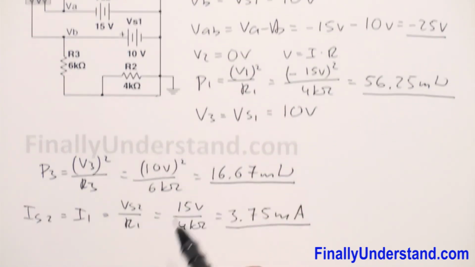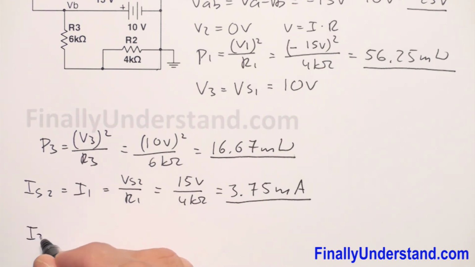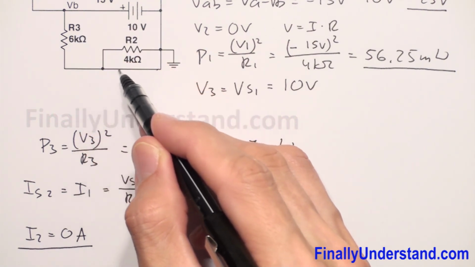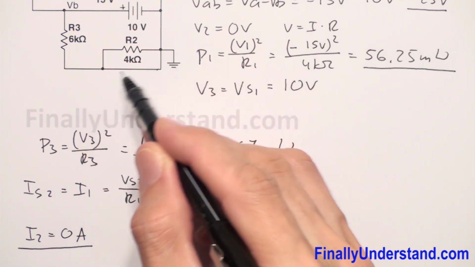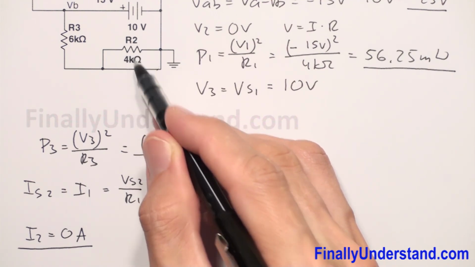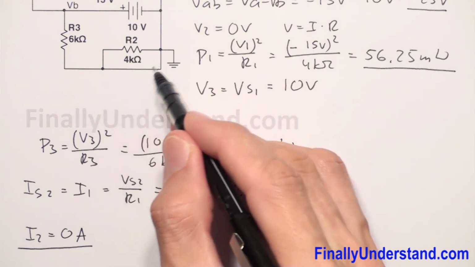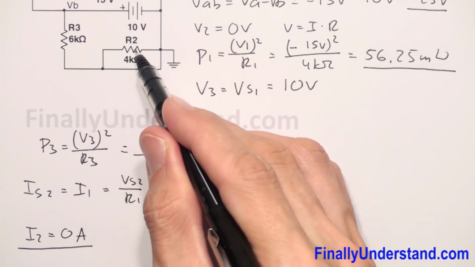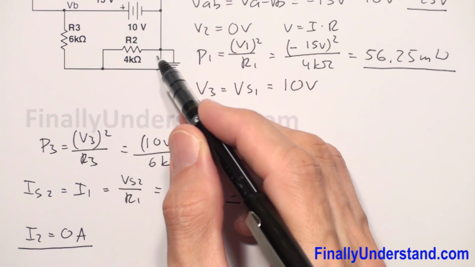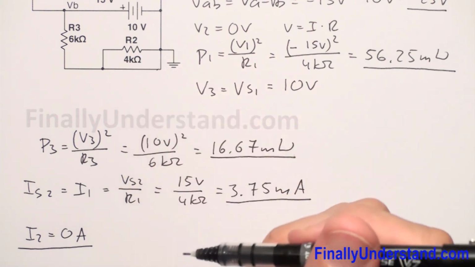That's why I2 is equal to 0 amps. The current is going to go this way to the ground. It's not going to go through the resistor, because this is like a closed door, and this is like an open door. You always choose the open door instead of trying to find the keys to get to the same room through the closed door if the other one is open.